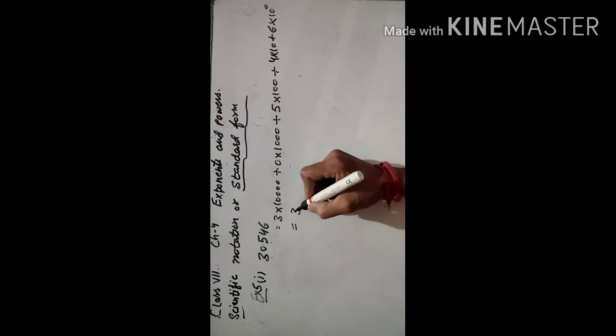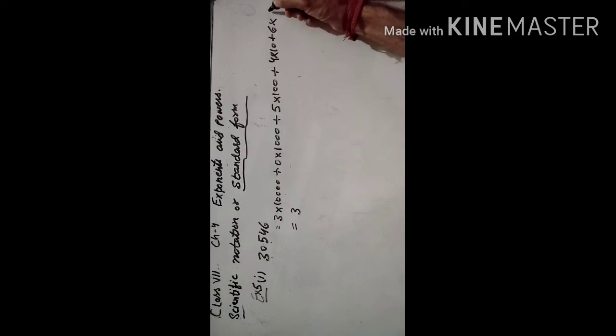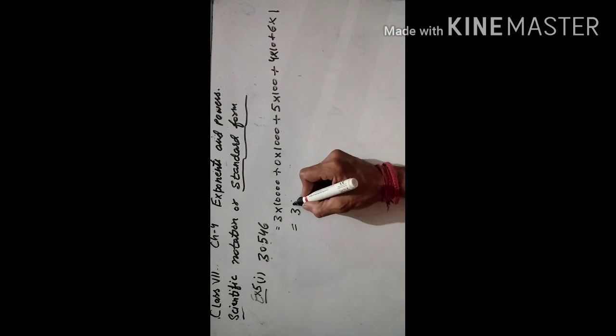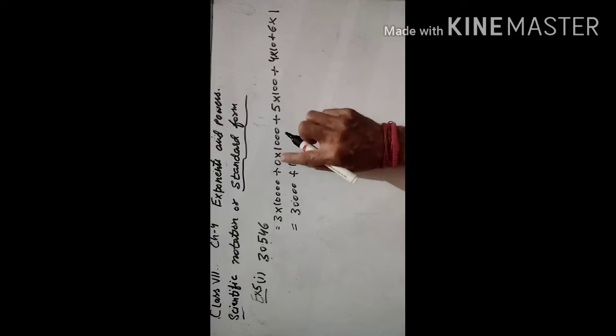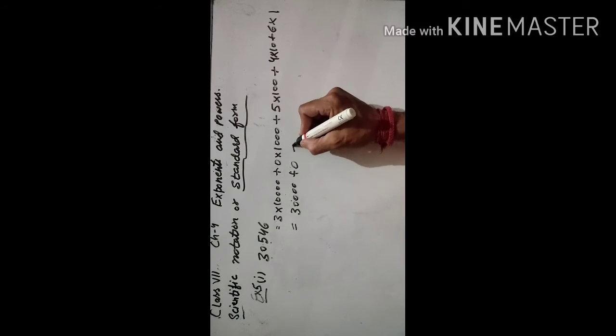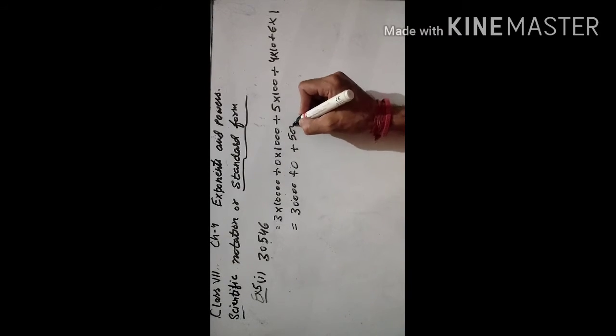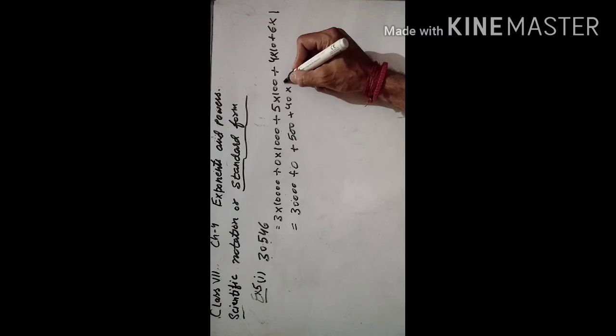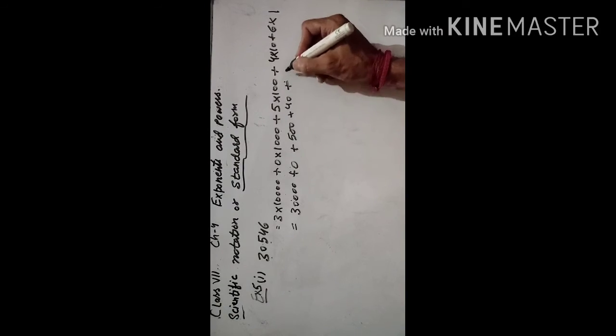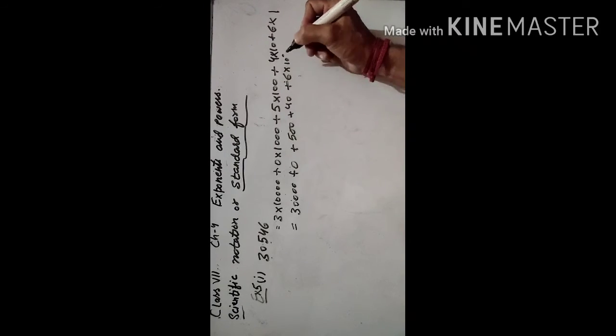So now we can write 3 into 10,000, plus 0, plus 500, plus 40, plus 6 into 10 to the power 0.